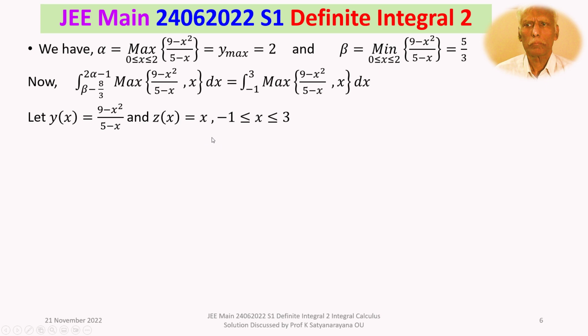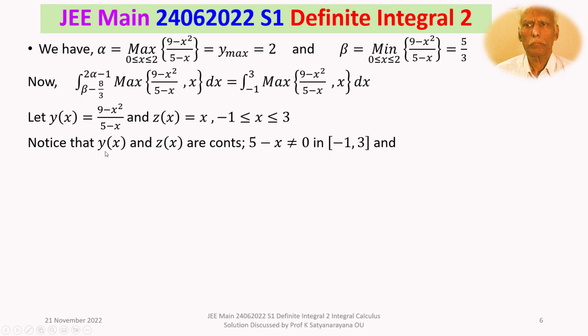Now let's first of all see where they coincide. First note that y of x and z of x are continuous, and 5 minus x is not 0 in the interval minus 1 to 3. And y of x equal to z of x means (9 minus x square) by (5 minus x) minus x is equal to 0.